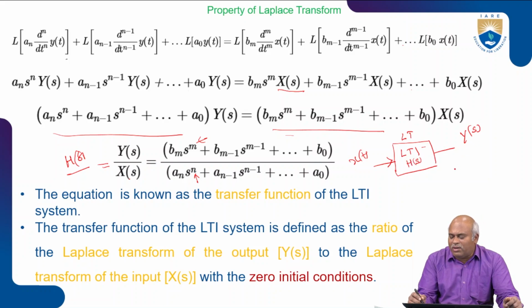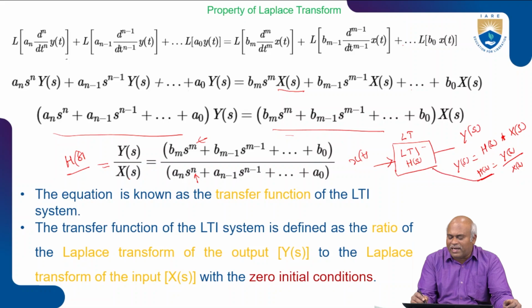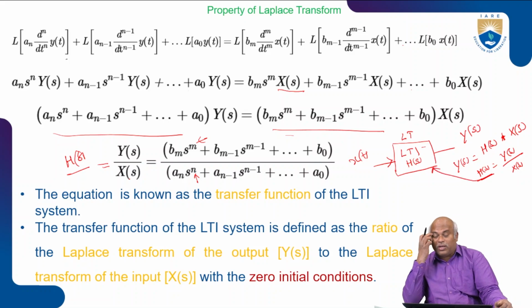So now Y of s is equal to H of s times X of s. Okay. So this H of s I represent as Y of s divided by X of s. This function we call the transfer function, the system response.